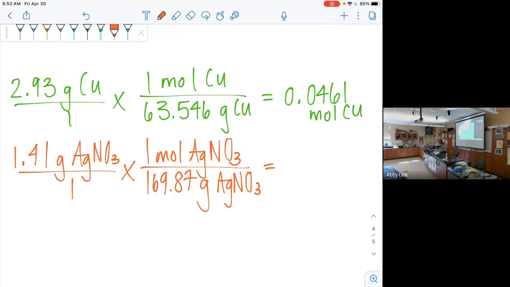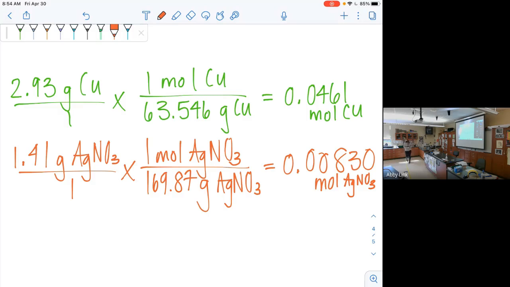Three sig figs again. Another slightly annoying number, 0.00830. I have the 830 there for the three sig figs because those first two zeros are not significant.